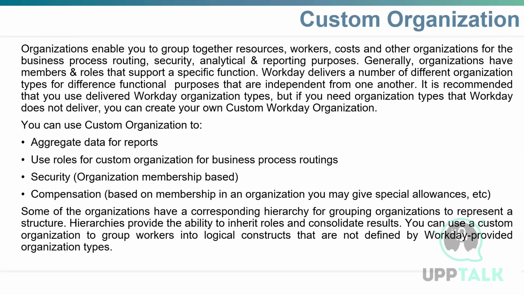So when you need to make changes to that particular group of people, like move workers from one organization to the other, or reassign them roles, or give them an allowance, or give them an extra hour, or change their allowances, change their salary in a group. So you can use these customer organizations to identify, aggregate, and based on their membership, you can give them special allowances or anything that you may want to do.